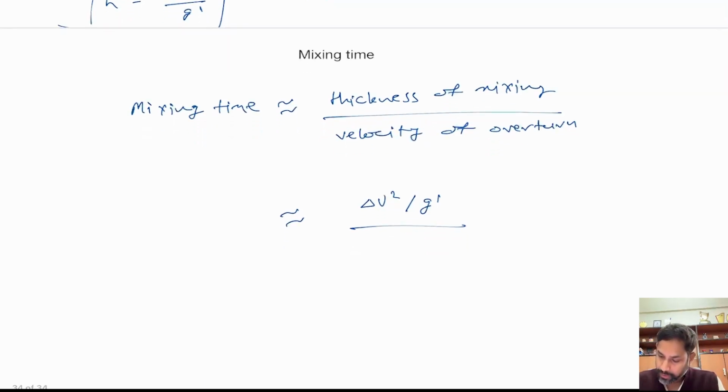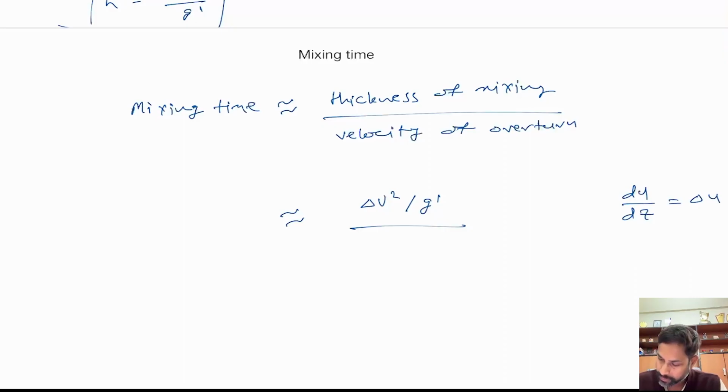And the velocity of overturn can simply be considered the difference in these two velocities, because this difference is what is acting in the vertical direction, because we are trying to find basically du by dz, right? So the velocity is changing in the transverse direction, that is what we care about, right?